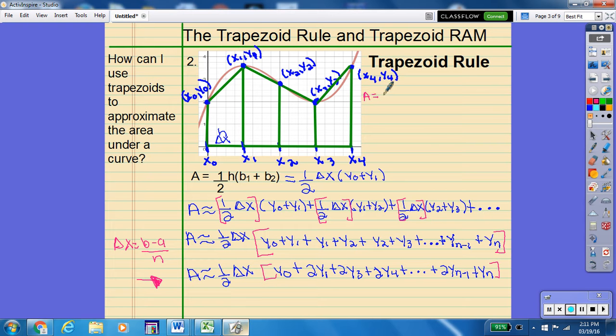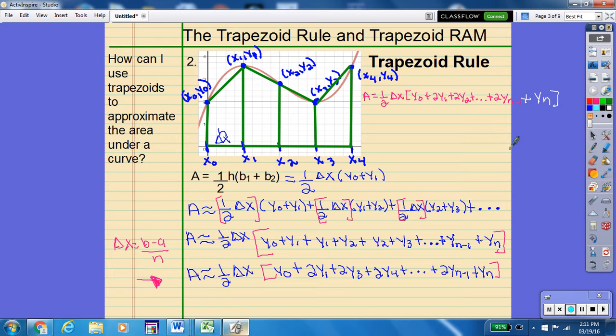Area equals 1/2 delta x times y sub 0 plus 2y sub 1 plus 2y sub 2 plus, and I'm just going to shorten it here, 2y sub n minus 1 plus y sub n.